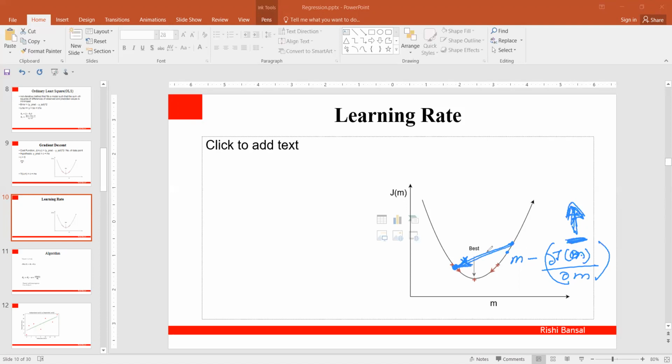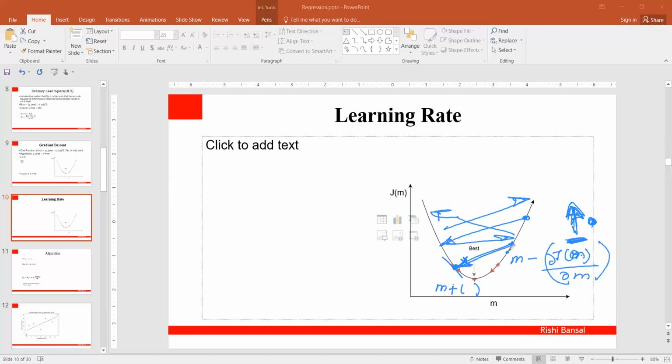And again at this point, if the term is big, because you are on the left-hand side of the minimum, this time it will be plus. So again, if this value is very big, it may go somewhere else. So if this term is big, it will keep on jumping here and there.